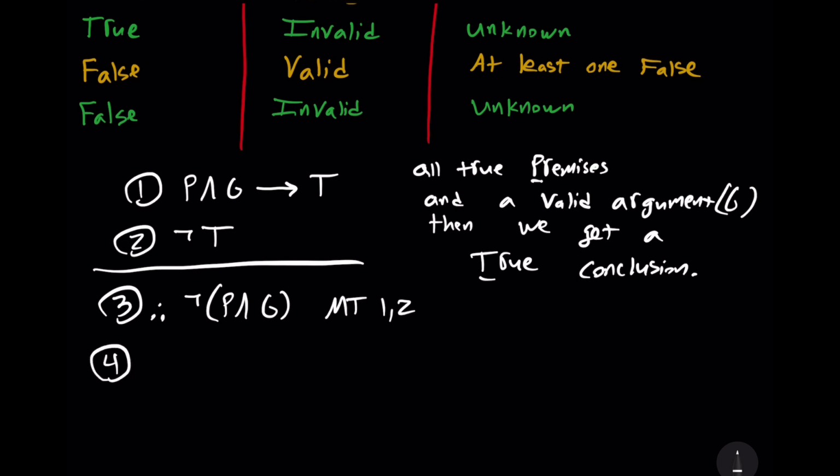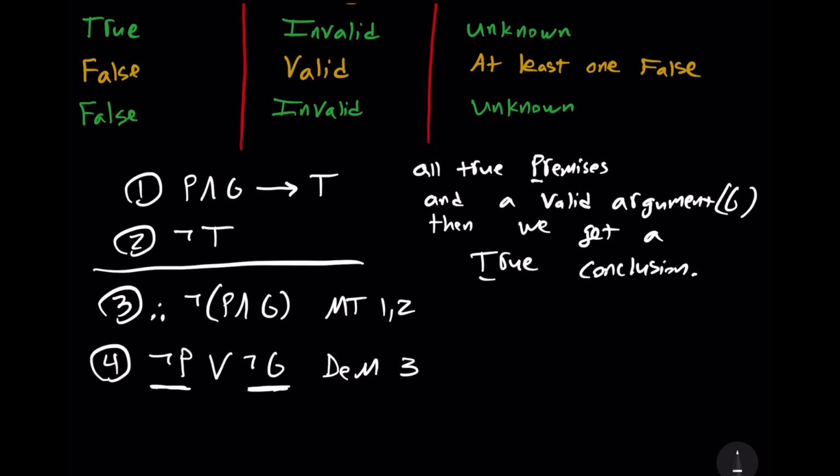In other words, we cannot have all true premises in a valid argument, but that's the same thing as saying that either we have premises that are false or we don't have a valid argument. So that would just be using De Morgan's rule on line 3. So either the premises are not all true or the argument is not valid, or both of them. That is to say, we don't have all true premises and a valid argument.